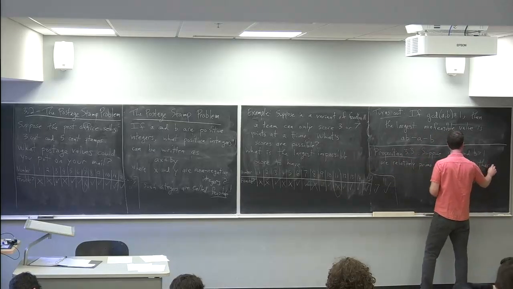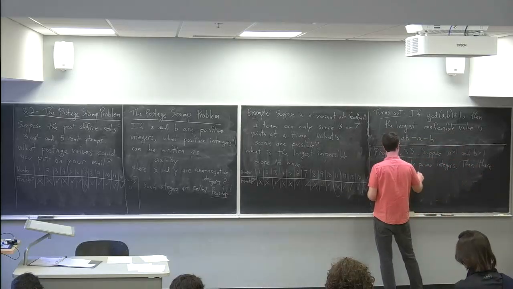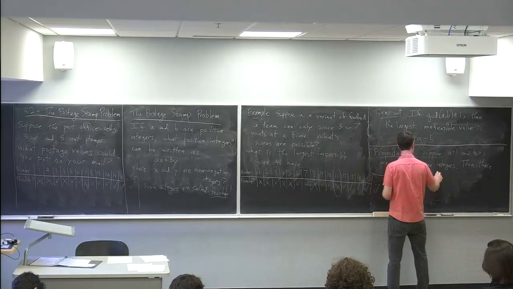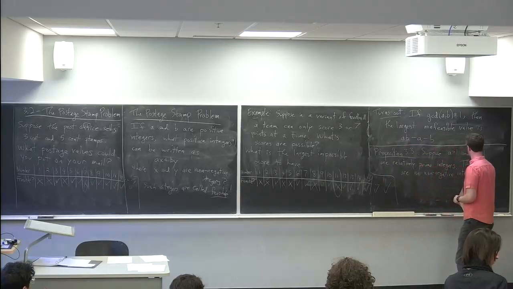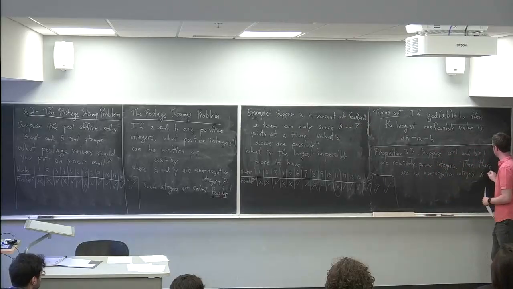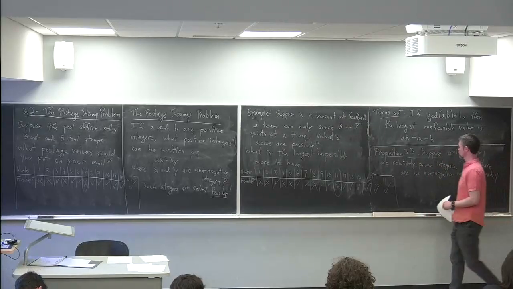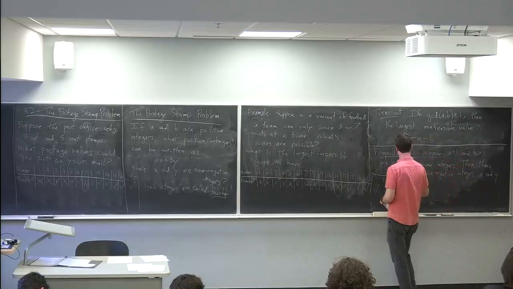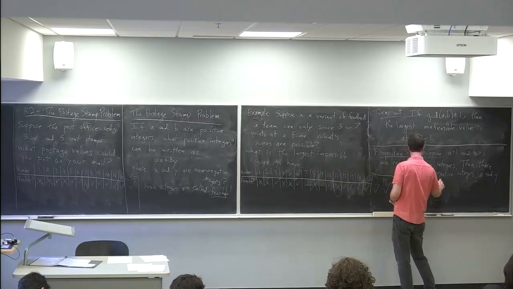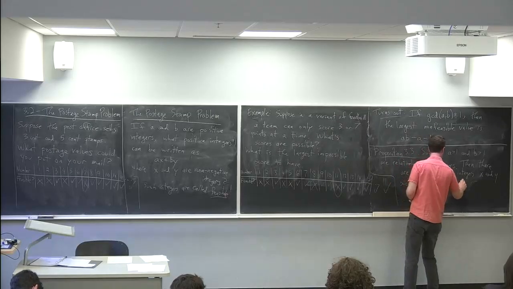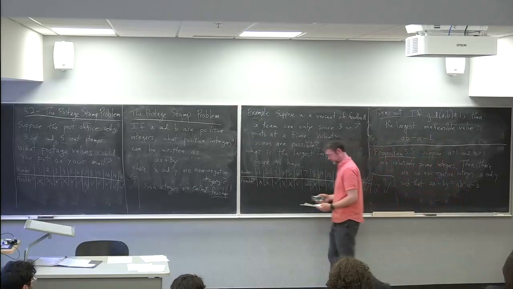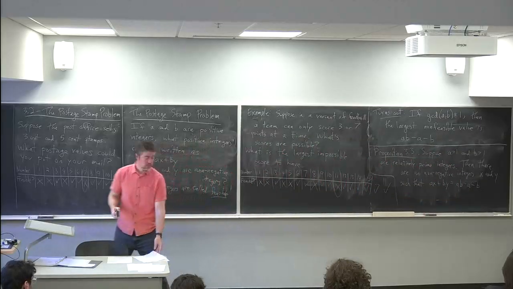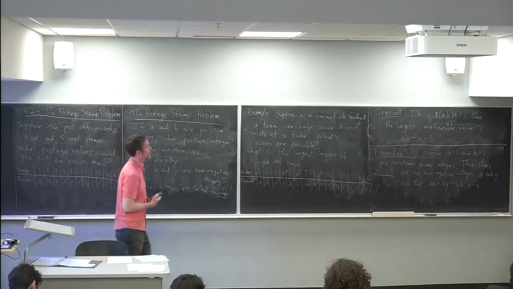The claim is that there are no non-negative integers x and y with the property that a times x plus b times y is this number, ab minus a minus b. Okay, we're going to prove this. There are no non-negative integers.